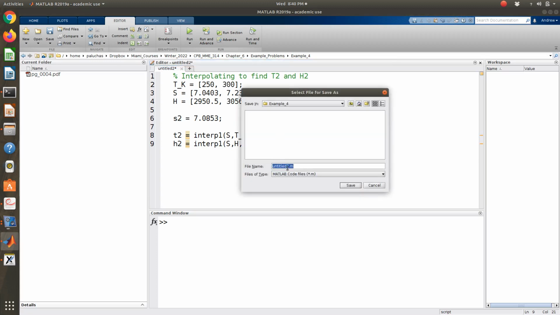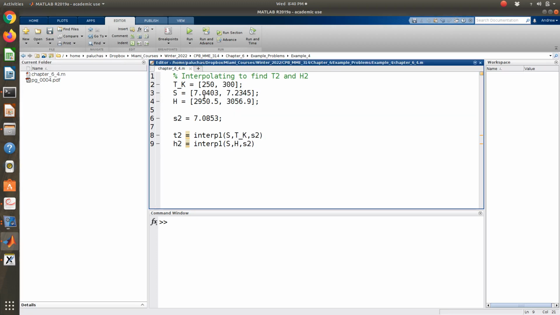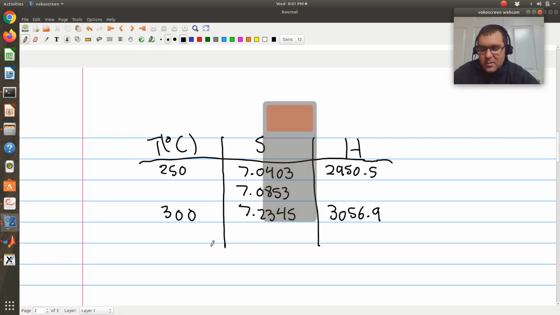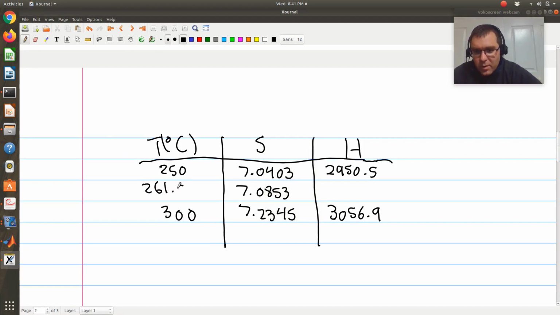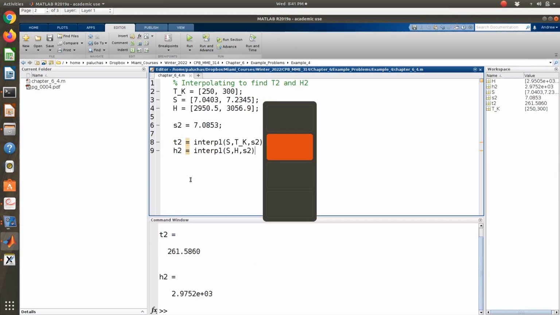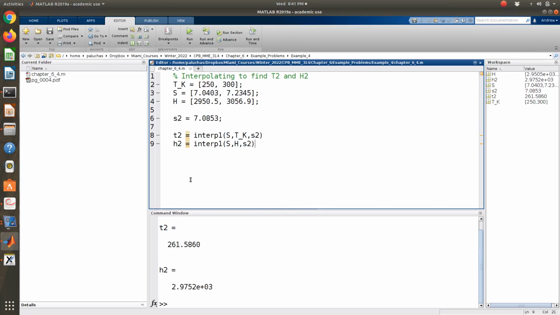Okay, so let me call this chapter 6.4. And we'll get the value of T2. We said it should be close to 250, so yeah, we get 261.586. Let me delete the K here, just because these are temperatures in C. I don't want to confuse myself.